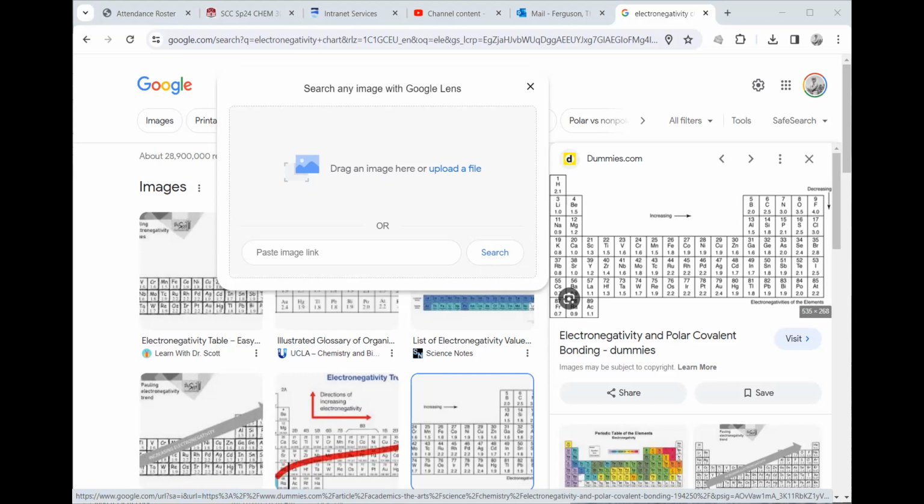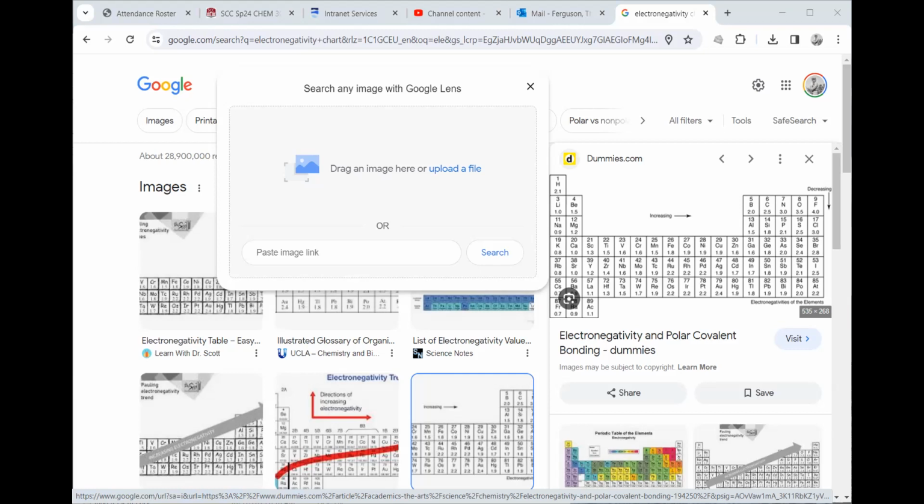Okay, so intermolecular forces are directly related to electronegativity, as I was saying before. So this is the relationship. Let's say we're looking at the OH.